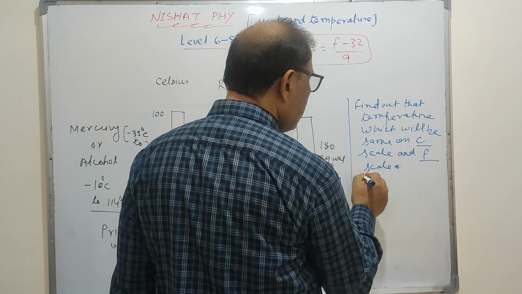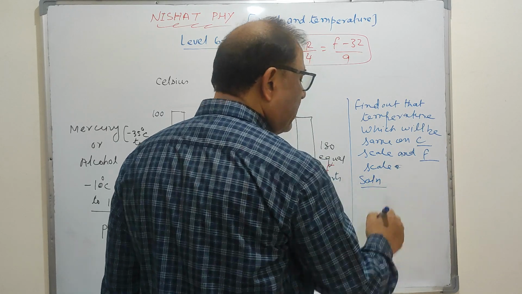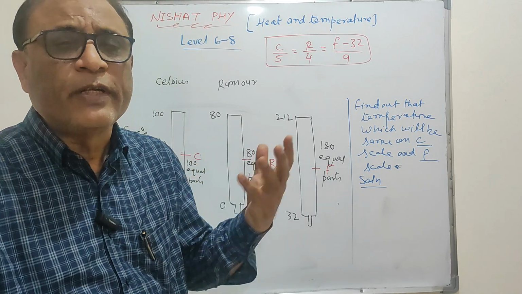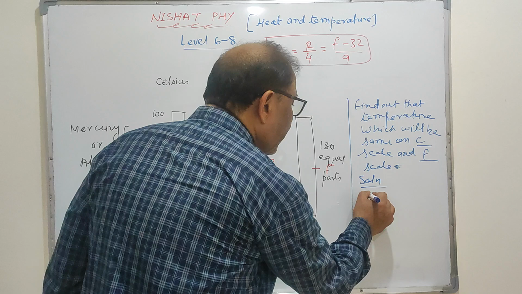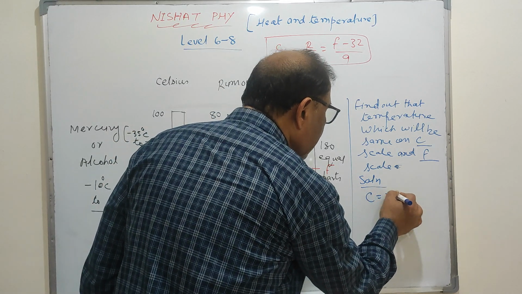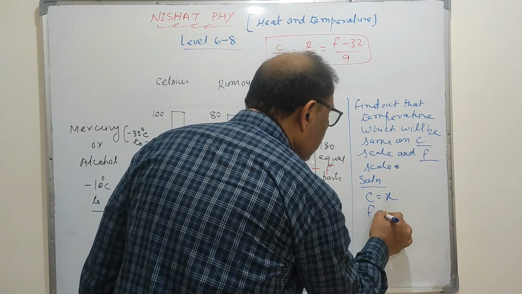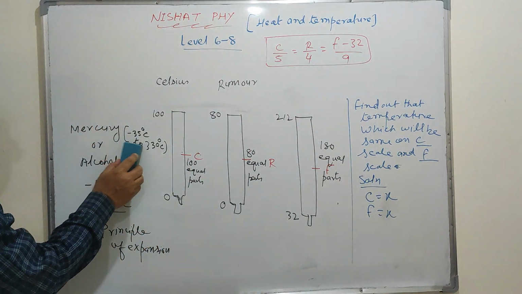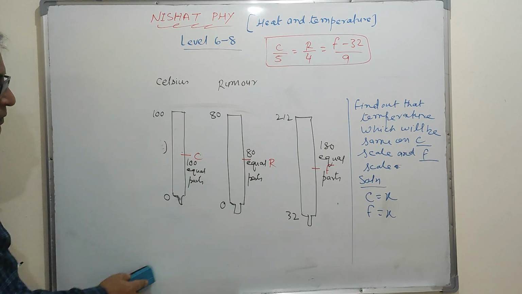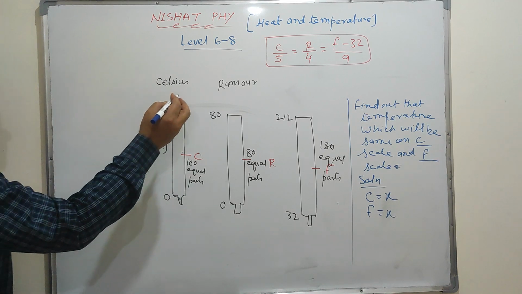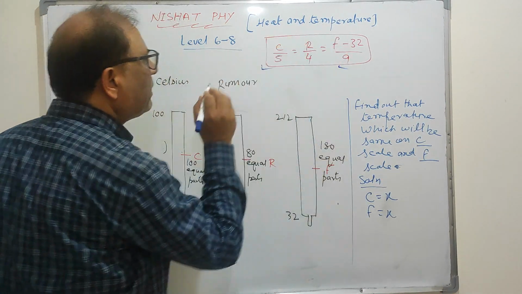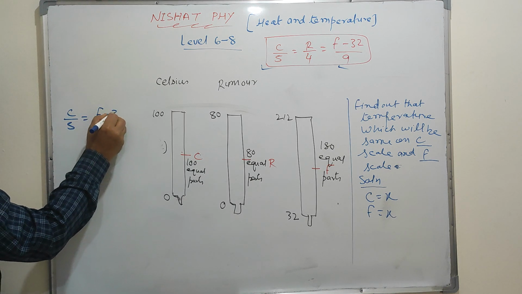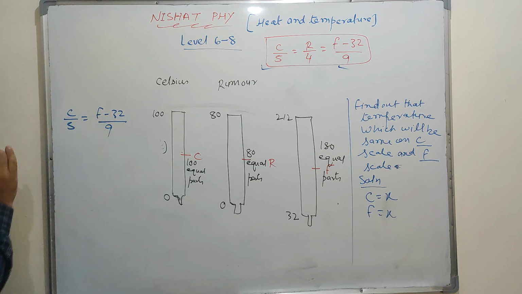Now see this, here is the solution. Suppose that there is a particular temperature that is equal in both. So suppose that temperature in C is equal to X and in F is equal to X. Now here I am doing: we have this relation, C upon 5 equal to F minus 32 upon 9.